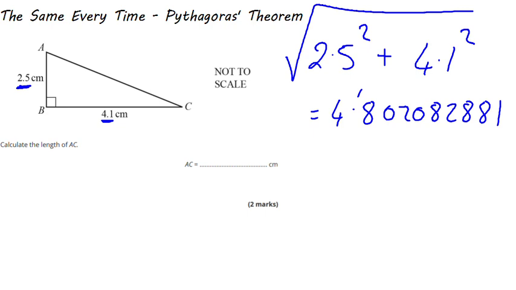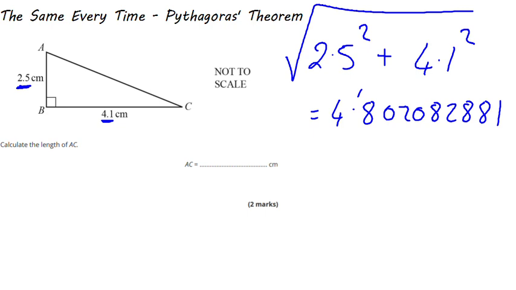Now, this question is not telling me to give my answer to any particular degree of accuracy. On some exam papers, on the front of the paper, it tells you to round non-exact answers to, for example, 3 significant figures, or angles in degrees to 1 decimal place.